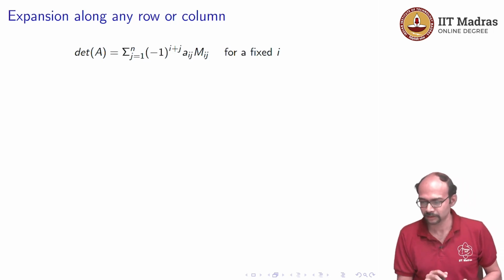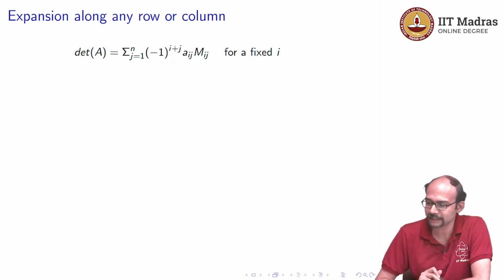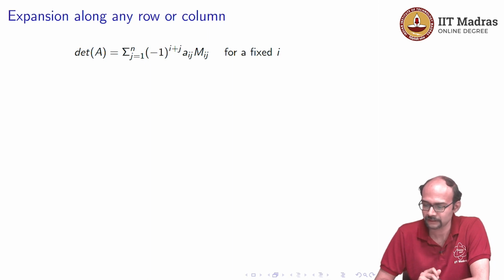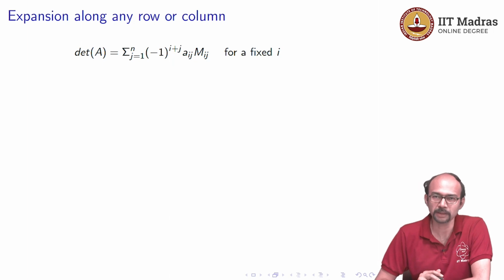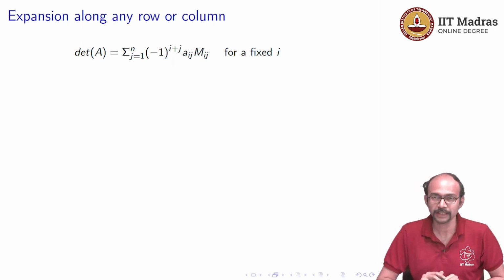Okay. So, here is what happens when we do expansion along the ith row. In that case we can write the expression for the determinant as the sum of the ijth entry of A times the ijth minor multiplied by minus 1 to the power i plus j. Okay. So, remember when i was 1, that was the definition, right.